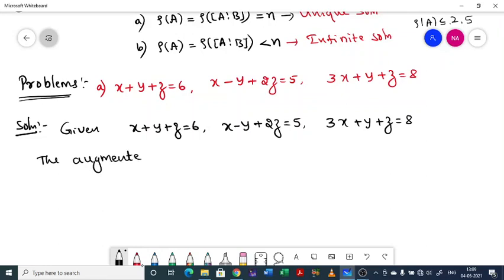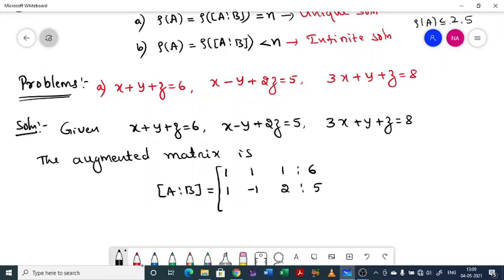The augmented matrix is A colon B. So look into first equation, 1 1 1 colon 6, second equation you have to look, 1 minus 1 2 colon 5, 3 1 1 8.